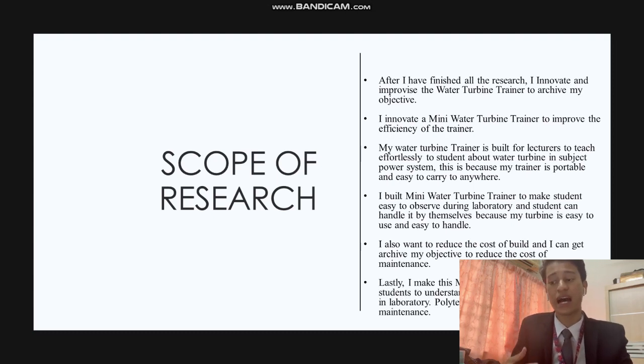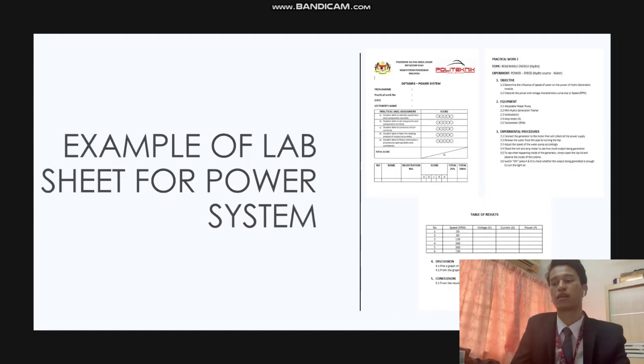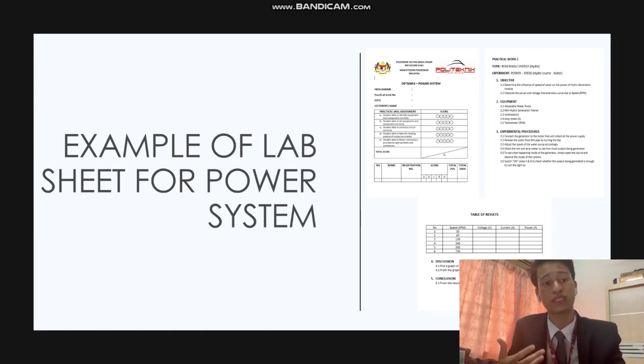And lastly, I made this mini water turbine trainer to help students understand well and lecturers teach easily in the laboratory. The polytechnic can also reduce the cost of maintenance. These are examples of the lab sheet that I created myself for the subject Power System in Semester 3.